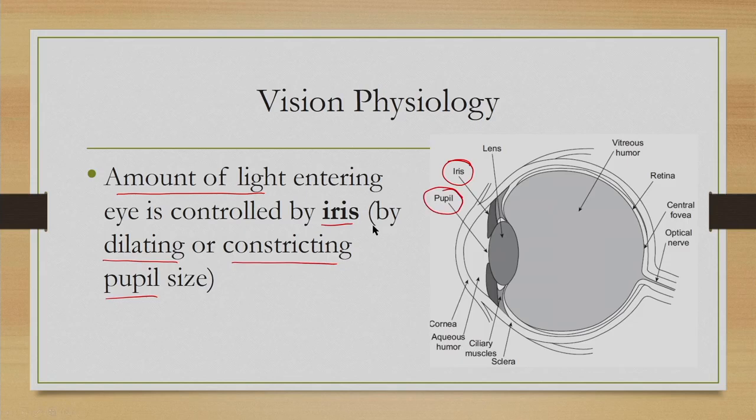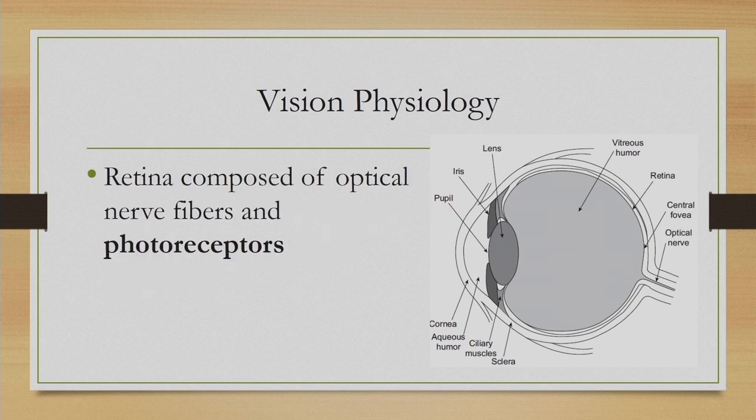So, the iris dilates or constricts the pupil to control the amount of light entering the eye. Now, I said that once the light ray falls on the retina, the image is formed. How is that done? Now, the retina is composed of optical nerve fibers and photoreceptors. They help in forming and transmitting the image to the brain.